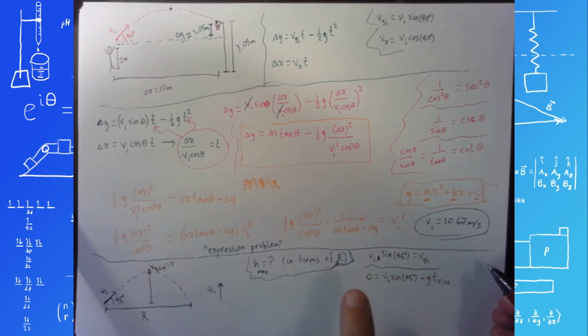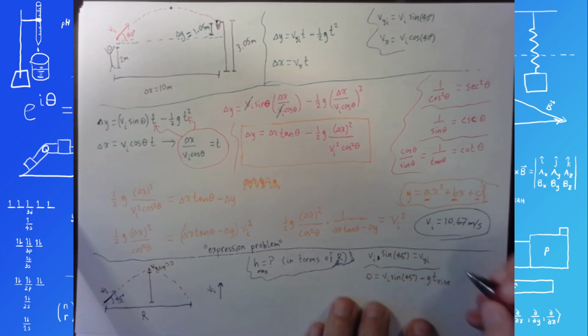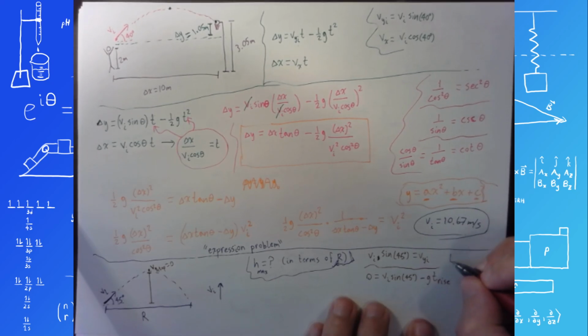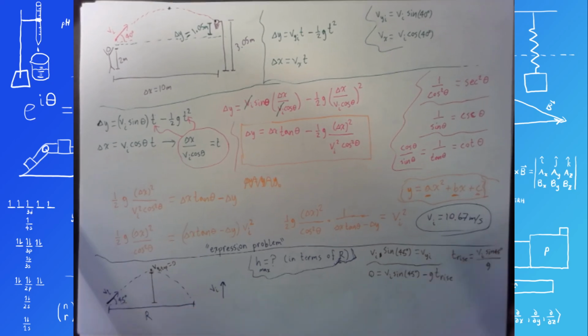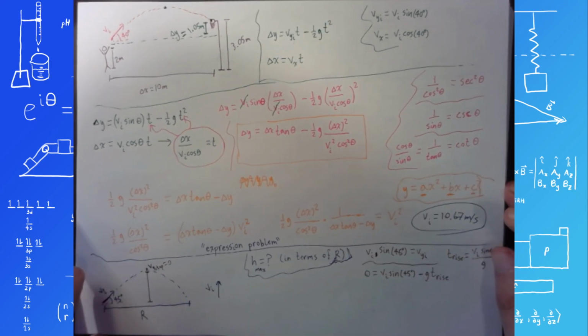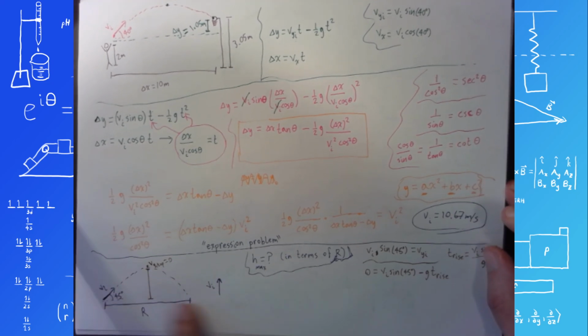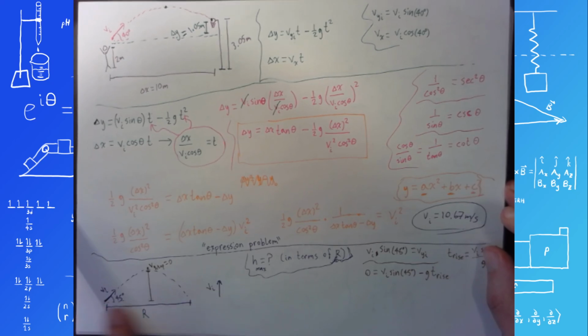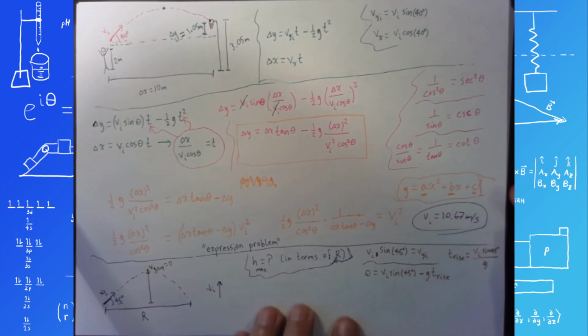Just add t rise to the left, and then divide by g, and you're good to go. So t rise is going to equal V initial sine 45 over g. And then we need to multiply that by 2 to get the total time that we're traveling so that we can relate that to r.